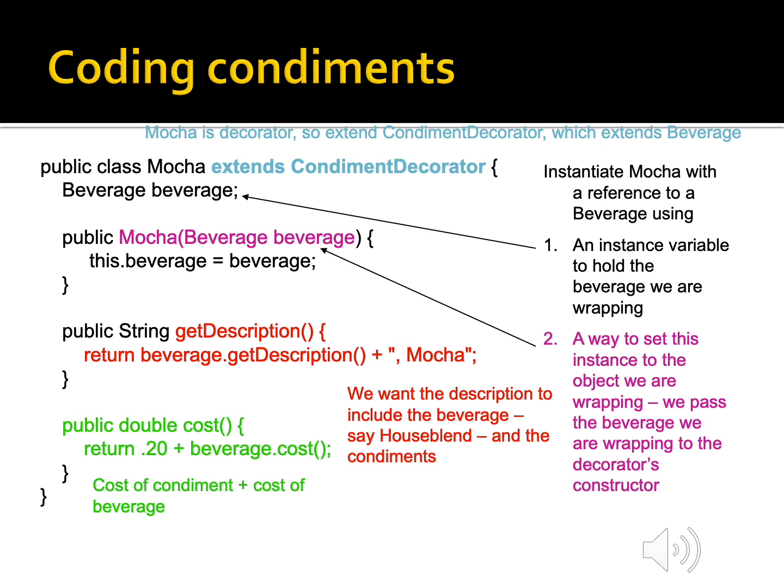So to wrap it, you have to declare the component object, which in this case is beverage. So we have declared the beverage object inside it. The next is the constructor, where we are passing the reference of the beverage item. The next is the definition of the description of this condiment, and the cost method is defining the cost of the mocha condiment. Similarly, you can write the other variations of condiment decorator, such as milk and soy.